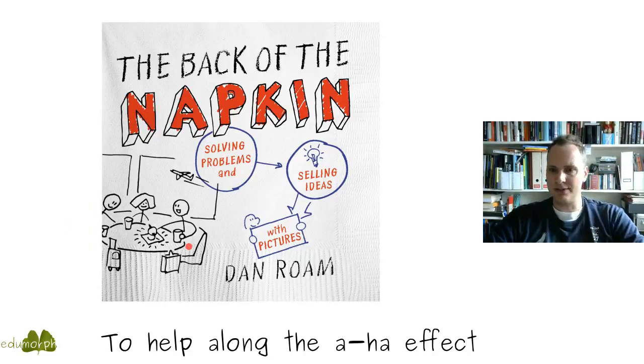And if there's one book I want you to buy this year, it's this one by Dan Roam, The Back of the Napkin, which is basically an instruction on how to problem solve with pictures, because we can process pictures in a completely different way. We don't have the restriction of language in a way. And when you start thinking in pictures, things become possible as well.